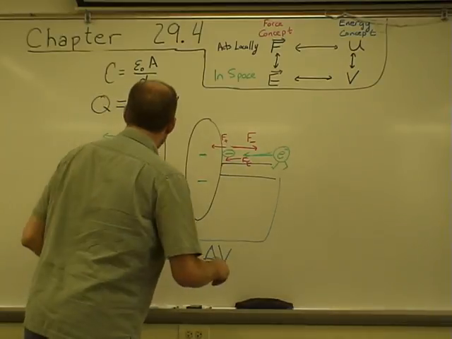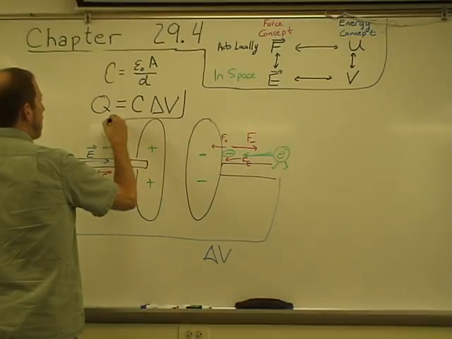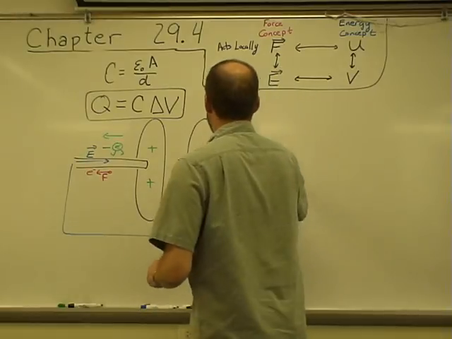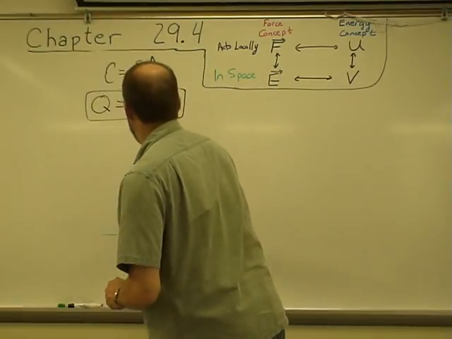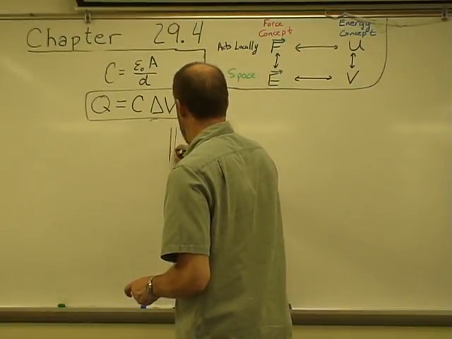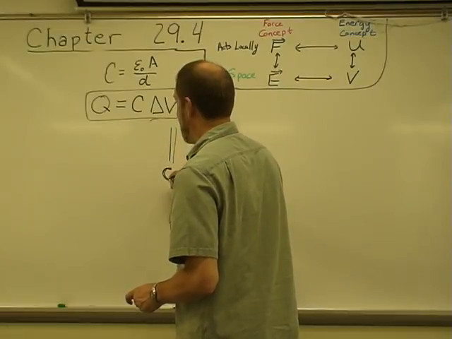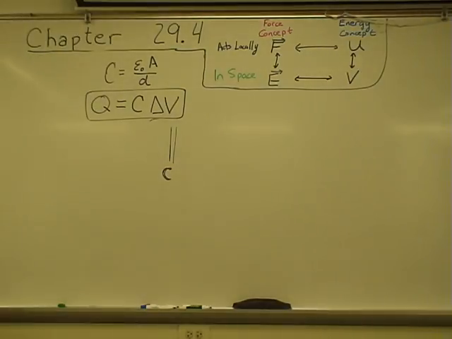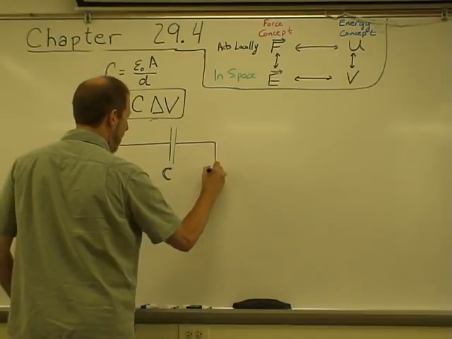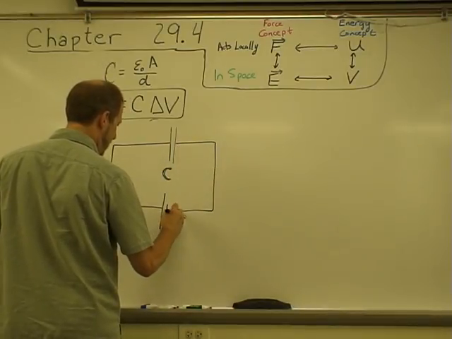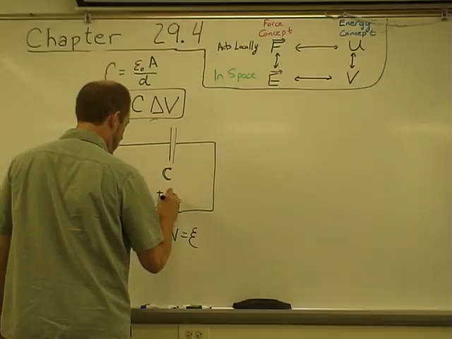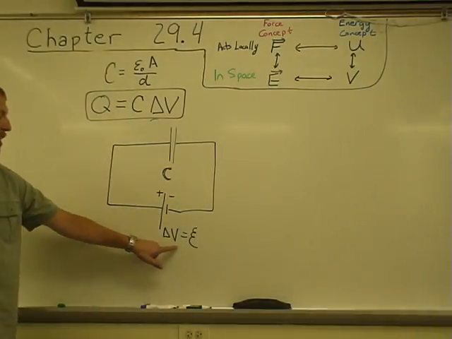So, one thing that I can say is that at the end, when this builds up, if I have, say, a capacitor with a capacitance C, and I connect that over some source of some forced change in potential.